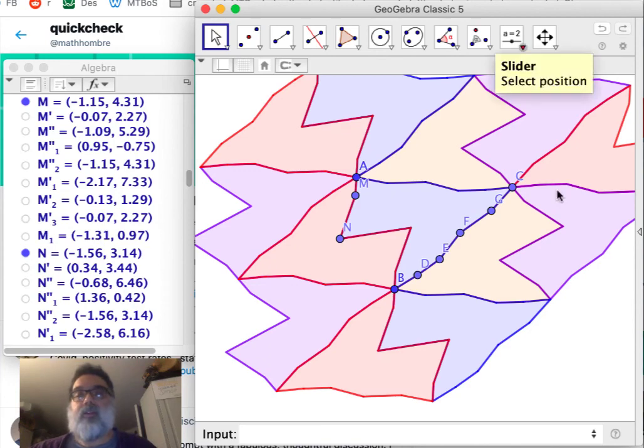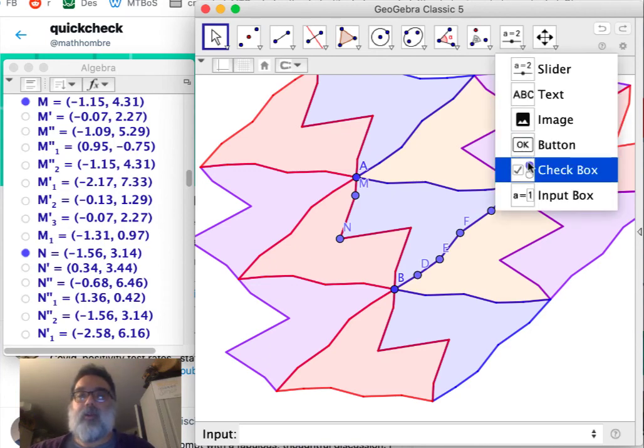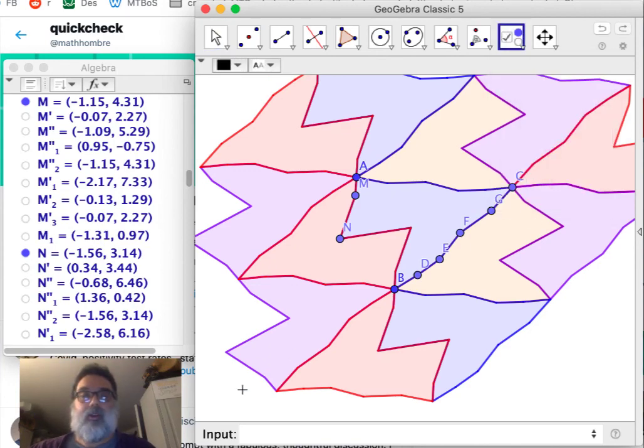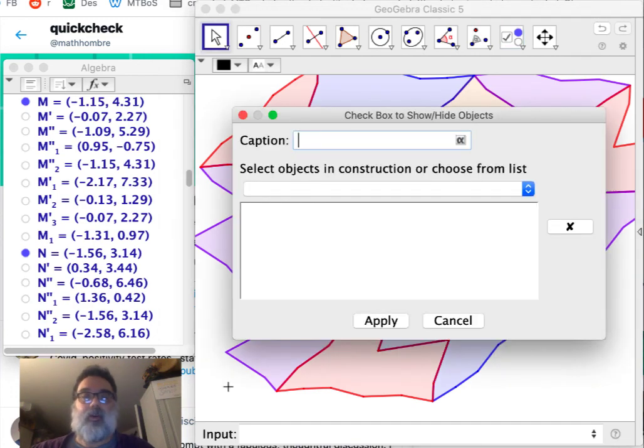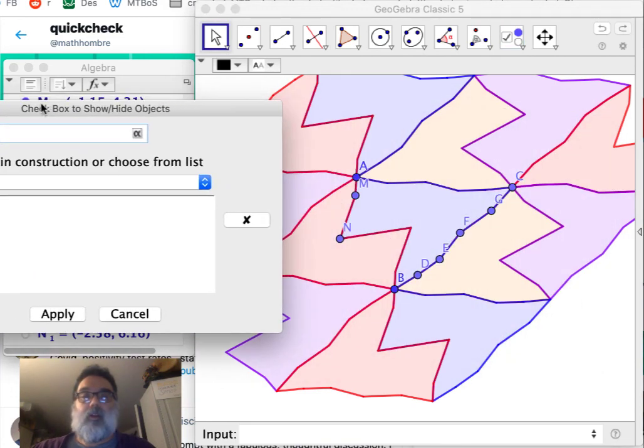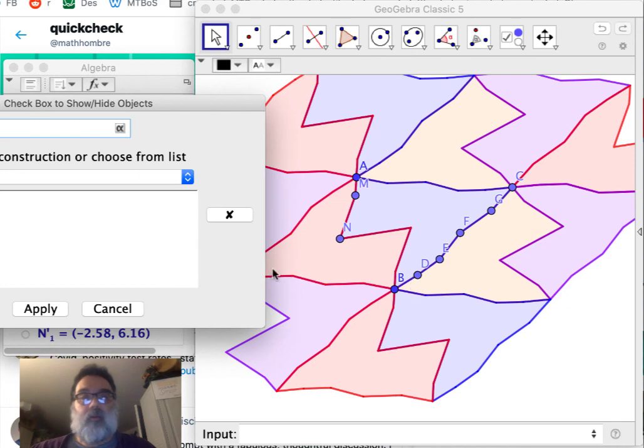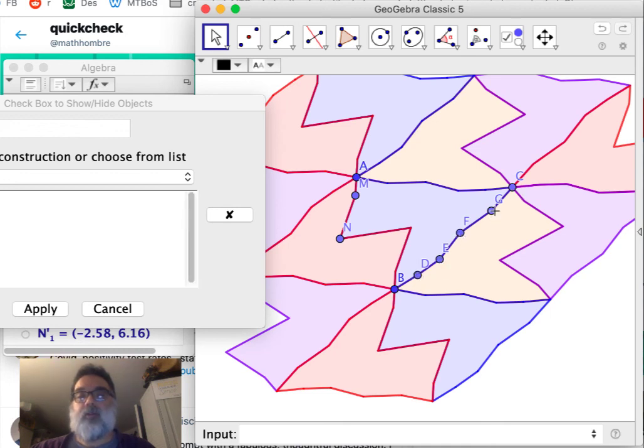One thing I like to do is for people to be able to make a pretty picture, give an option to hide those points. So I did the checkbox, which creates a Boolean variable. And then if you click the points, it'll put them in the list for what shows or doesn't show, depending on whether the checkbox is checked or not.